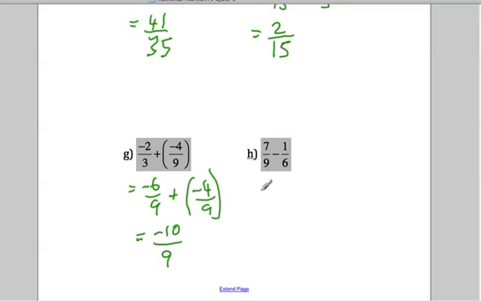It doesn't reduce. Here, common denominator is going to be 18, so this will be 14 over 18 minus, multiply top and bottom by 3, is equal to 11 over 18.